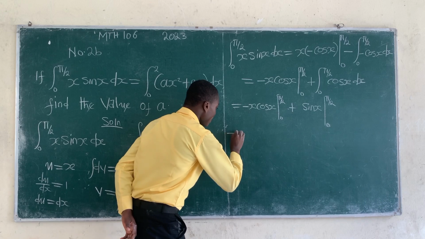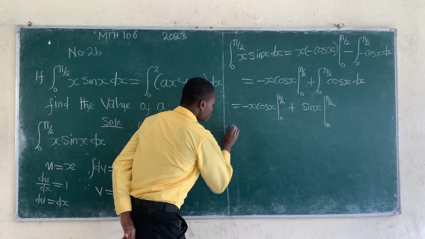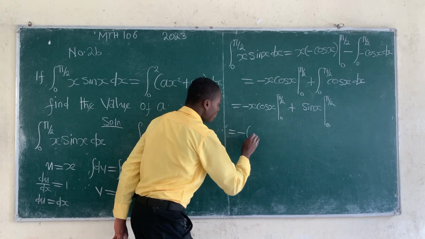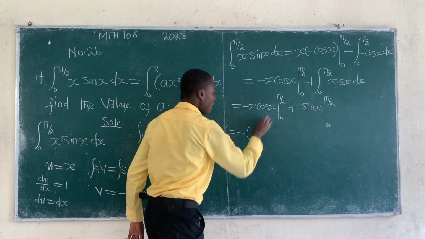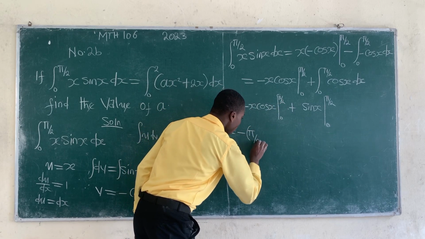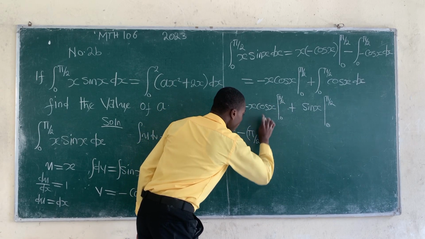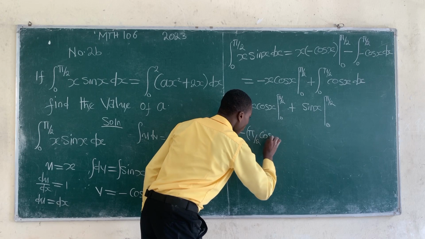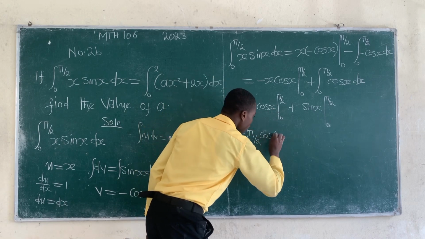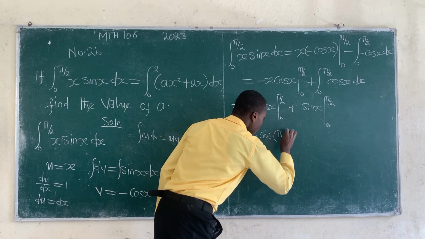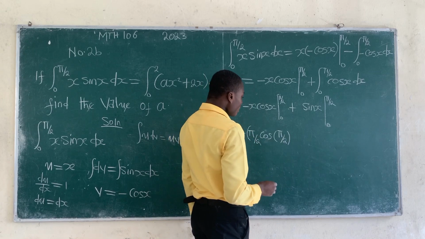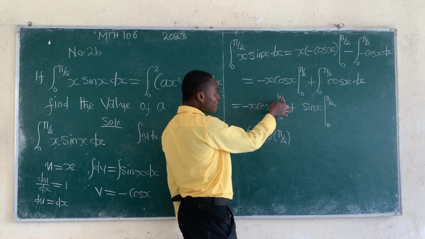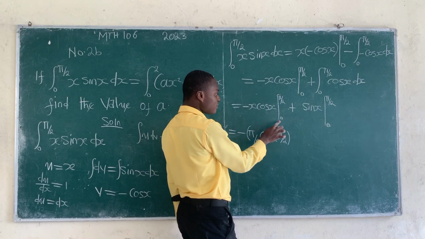So we are going to have minus first. This is going to give us minus, open your bracket, x now, we put pi over 2. Pi over 2 into cos pi over 2. Then the next thing we are going to do, from pi over 2 to 0 is always a difference, minus.